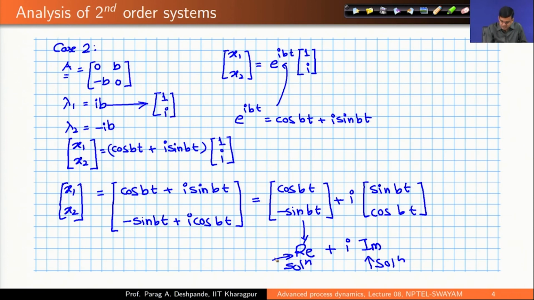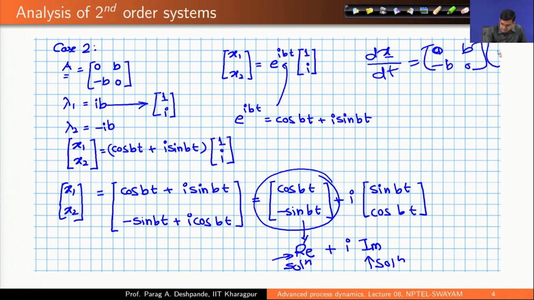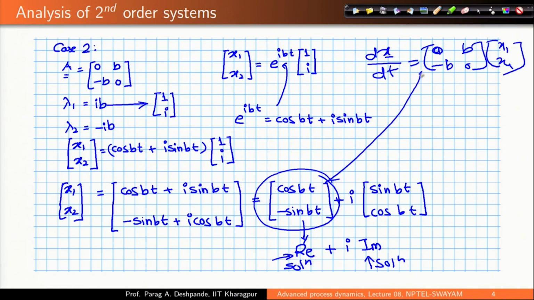So, if you substitute this real part in d x bar by d t is equal to [0 b; minus b 0] [x 1 x 2], then you will see that this part satisfies this equation and this part also satisfies the equation. Okay. So, if that be the case, I have solution 1 and I have solution 2.